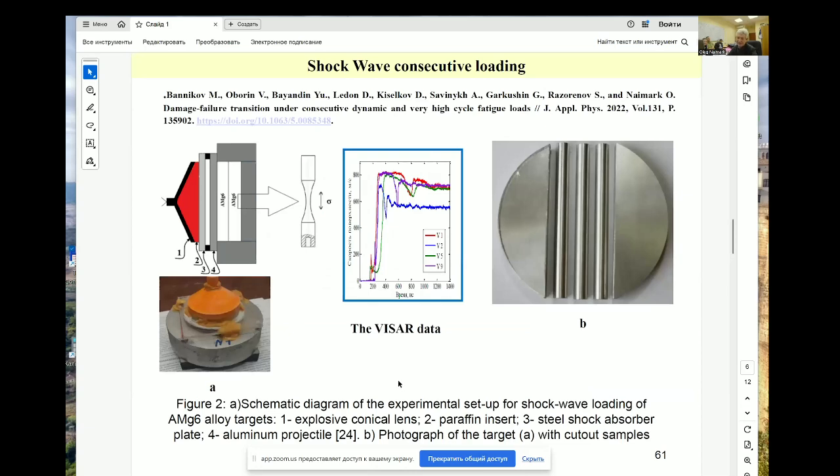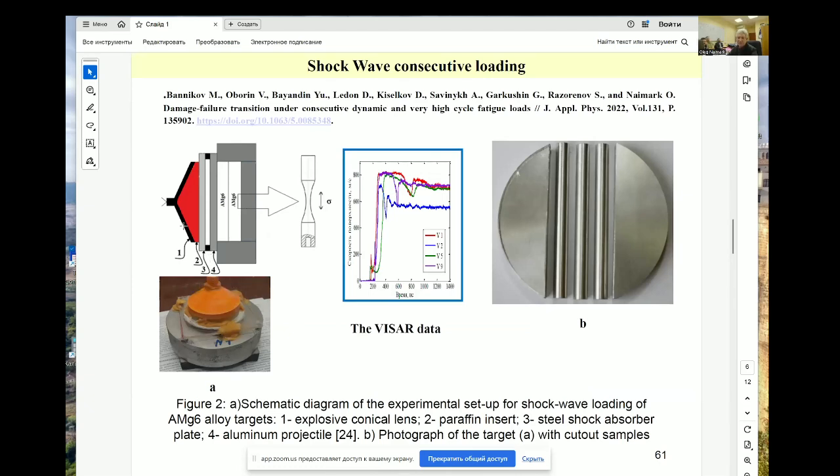Understanding this very important fact, we developed a special strategy for optimization of material under the condition of consecutive shock and following fatigue loads. For this goal, we realized the following experiment.